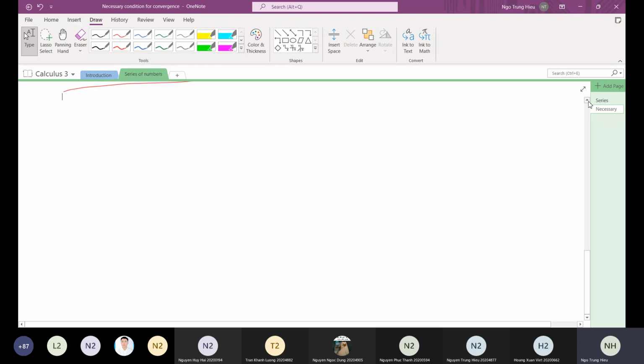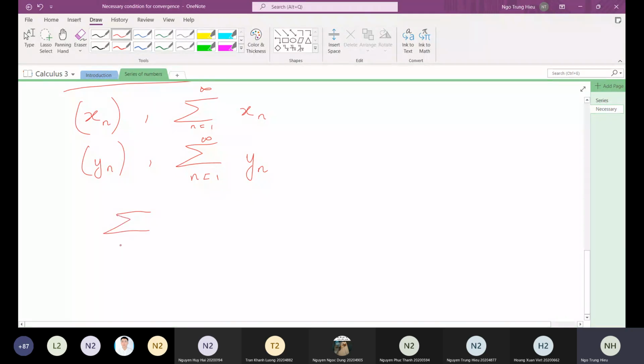So if we have two series, sigma x sub n and sigma y sub n, we can add or subtract these two series. Suppose that the two series converge. Then we can add or subtract them.